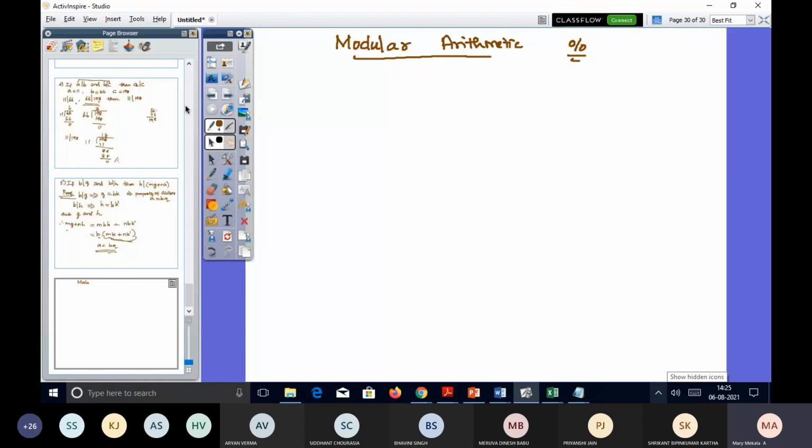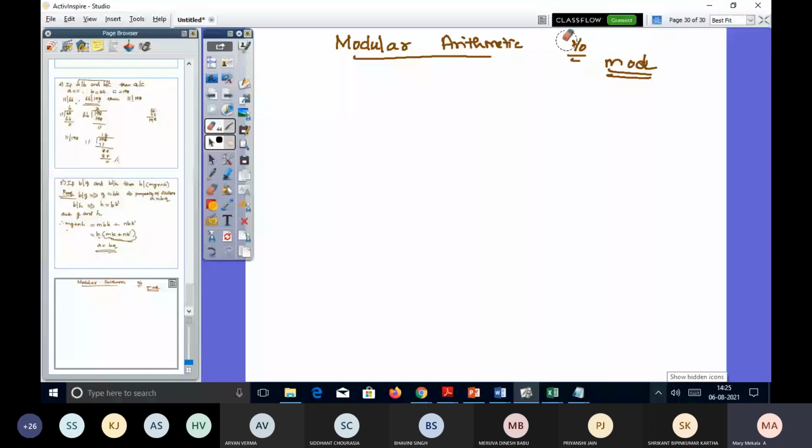Now here we are not going to use this particular operator symbol. We are going to use a term called MOD. For modular, we'll be using a term called MOD. Mod means we are going to find out the remainder.